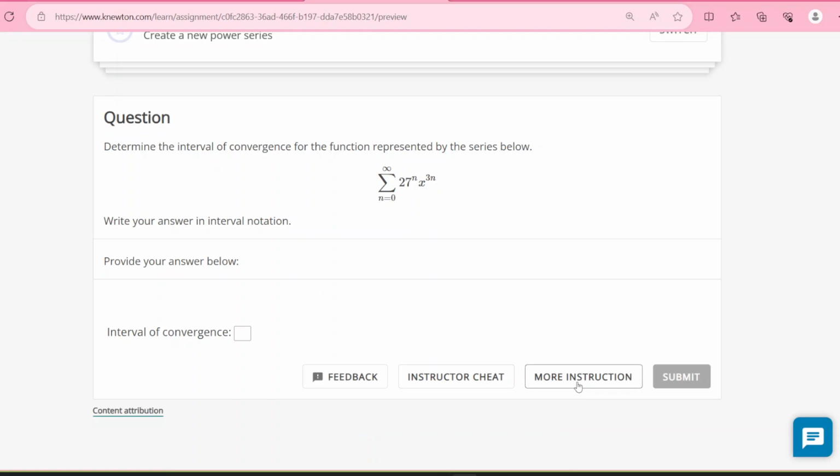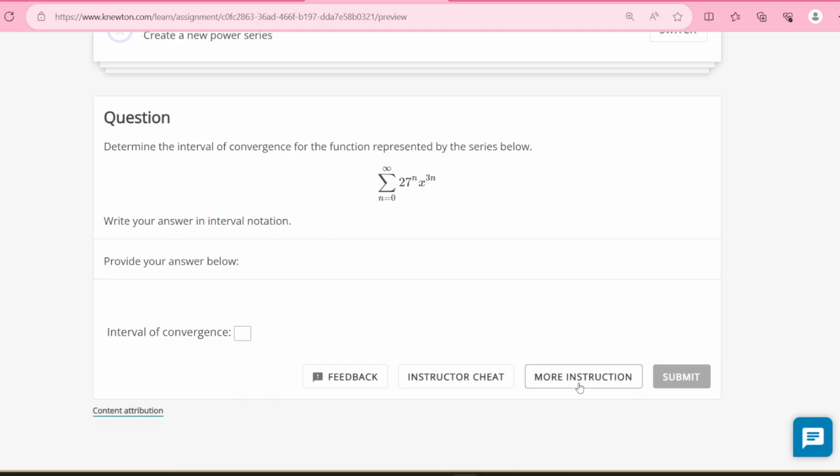But you will see a more instruction button if you're ever struggling with a particular topic or objective. Try clicking on this and it'll take you to a page with further reading to do or videos to watch or both, and you'll be given problems related to that instruction that you can work on while still having the instruction available on the same page.